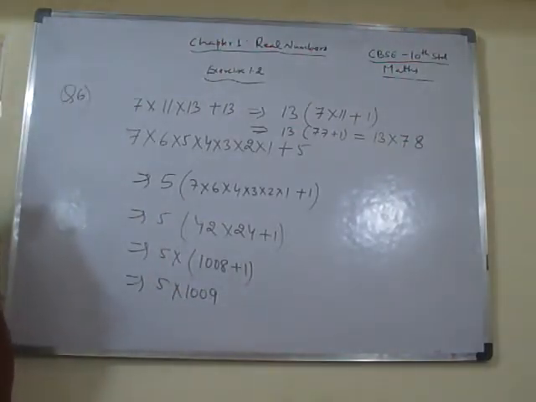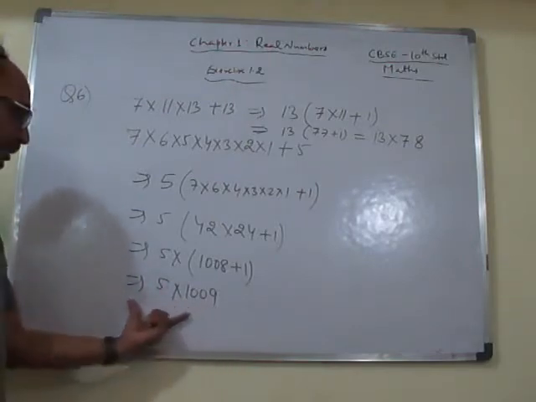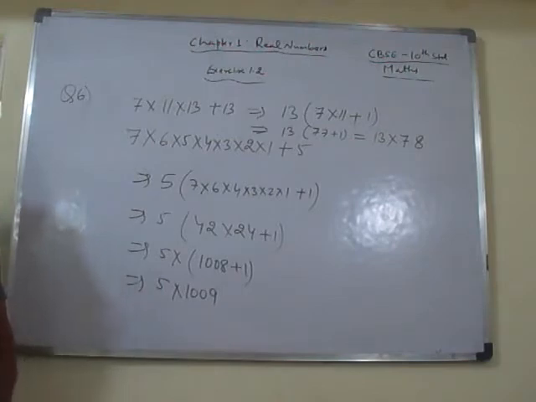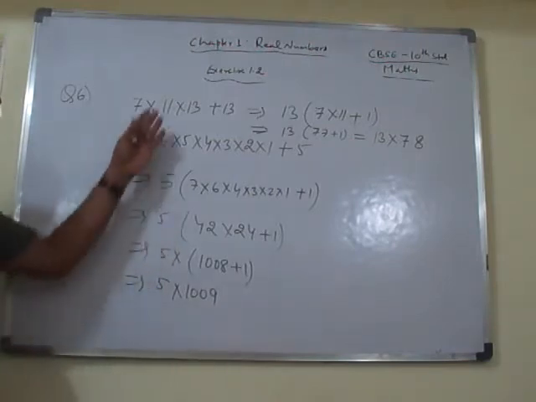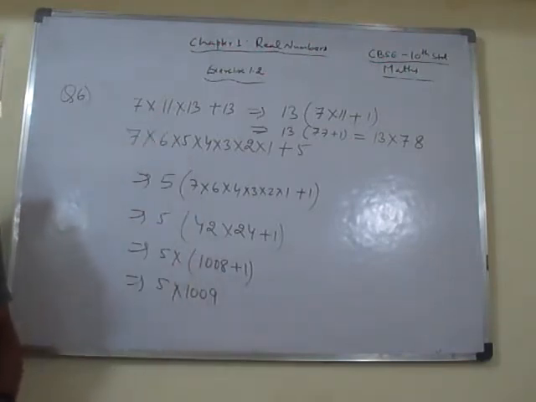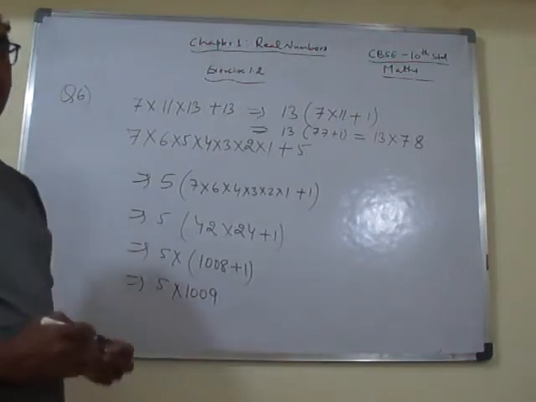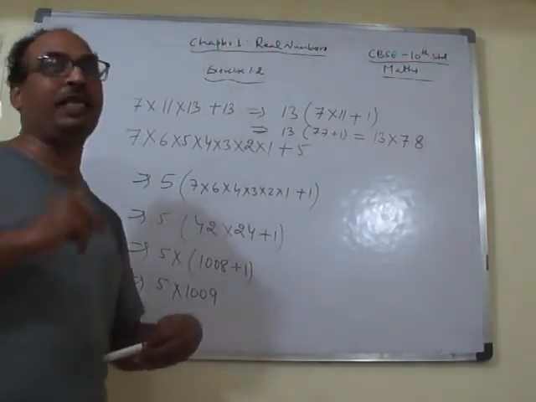Its multiplication will give you a composite number. So that's why it is a composite number. In between, that plus is making the difference.